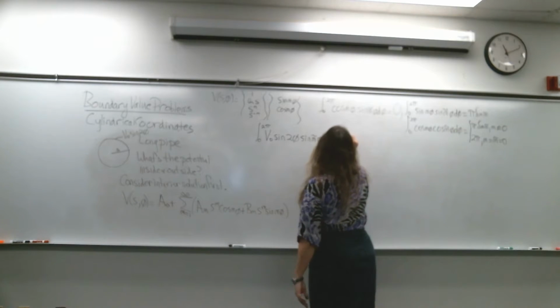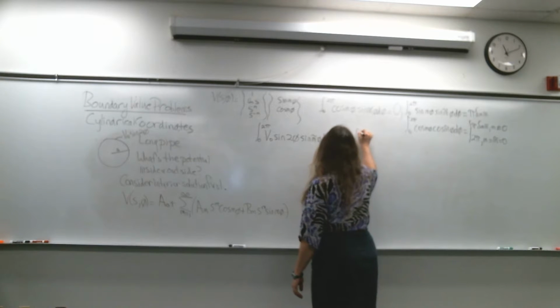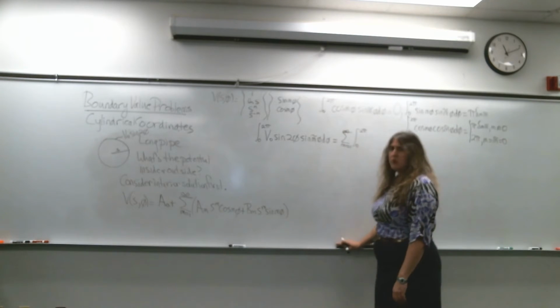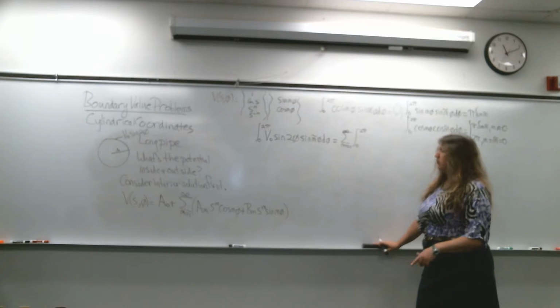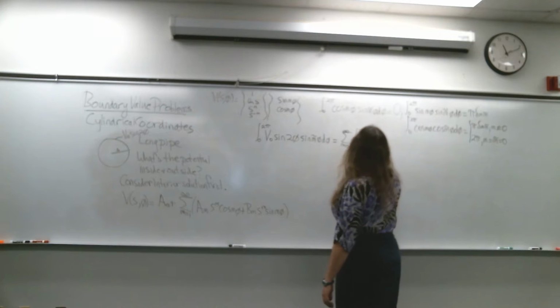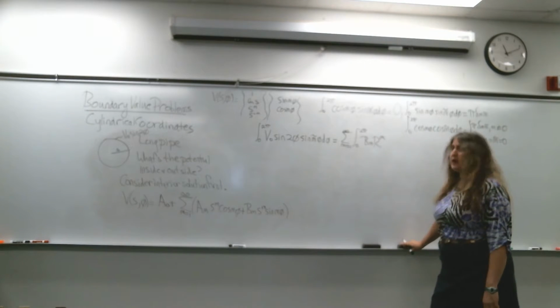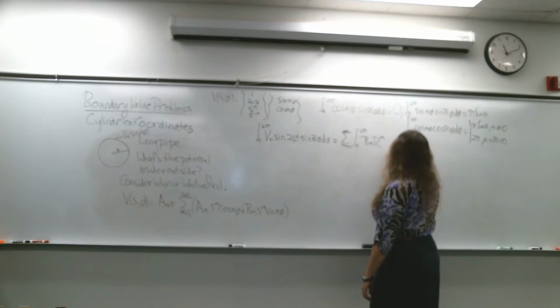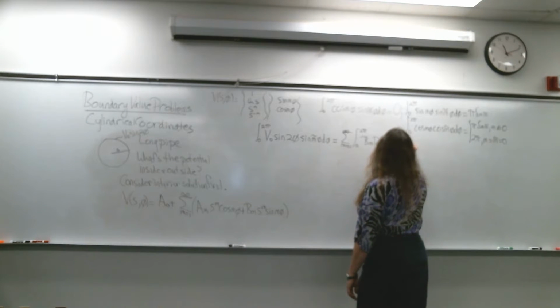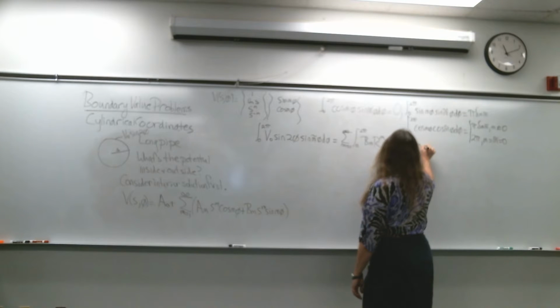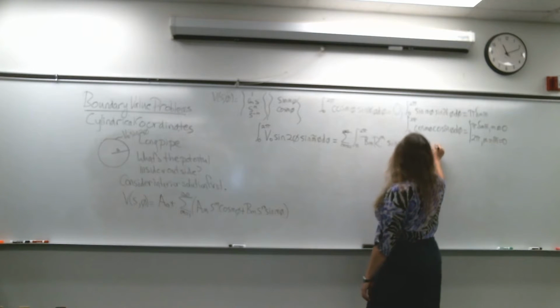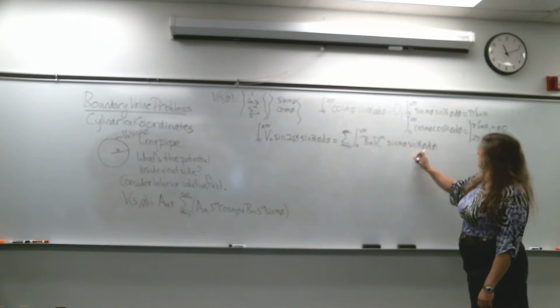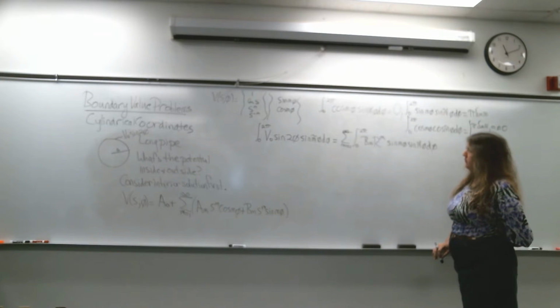So on the right-hand side, I'm going to be left with the summation m equals 1 to infinity, going from 0 to 2 pi, B m times the radius to the m-th power, times sine m phi, sine m tilde phi, d phi.